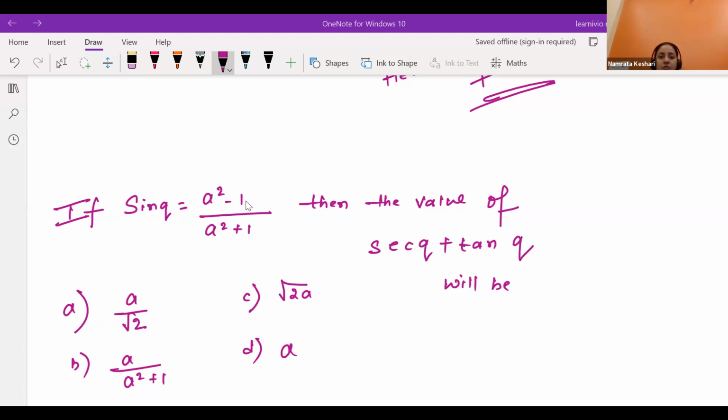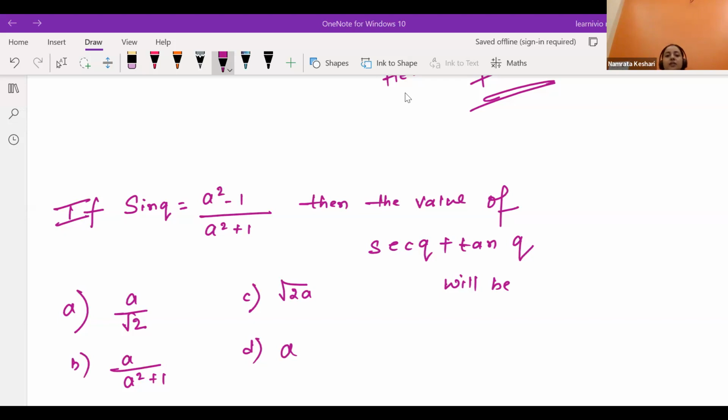Zana, you said option B. Fazan said option A. Right, Fazan? Option B. Okay, you are saying B. Yes, ma'am.